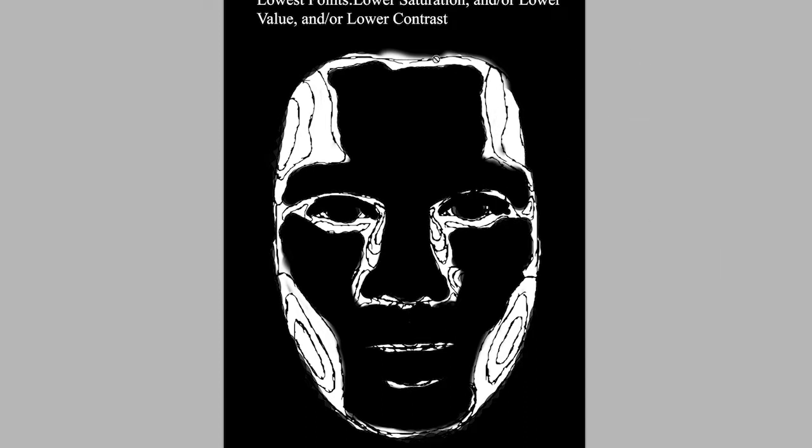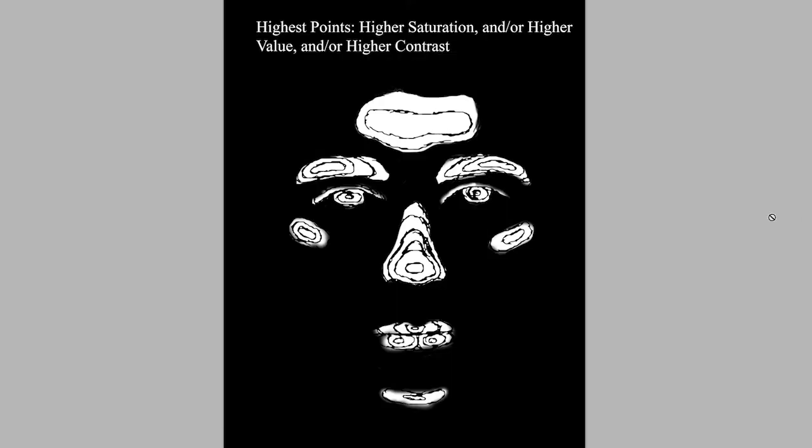These lower points that sit back spatially have lower saturation, sometimes are darker in value, and lower contrast. And a different set of colors for the areas of flesh that come forward towards us spatially. So these will be higher saturation, higher value, and higher contrast.